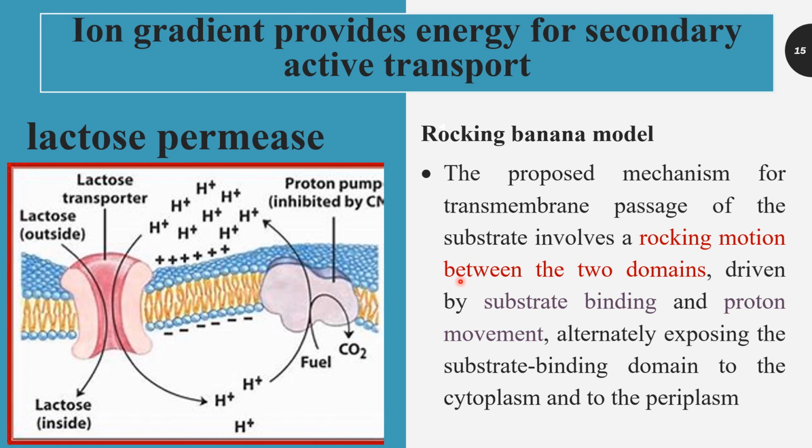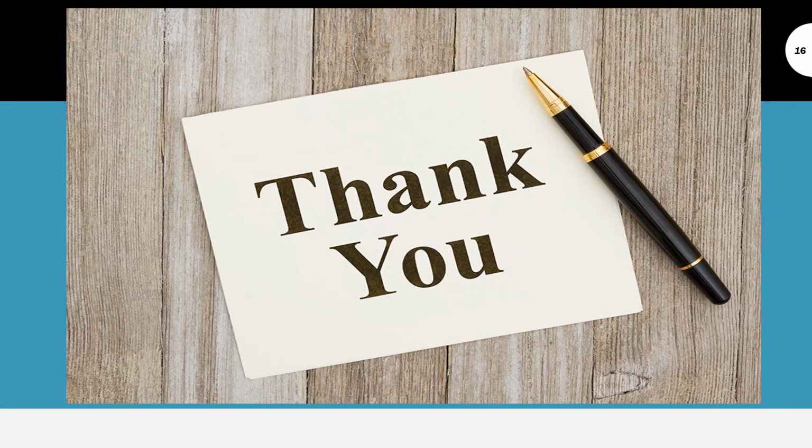Initially it is closed, so the lactose cannot enter, and then it opens, lactose enters into the cavity, then it is closed outside, and lactose is released into the cytoplasm. So this is the rocking banana. That was all about the uptake of solute using electrochemical gradient or active transport.